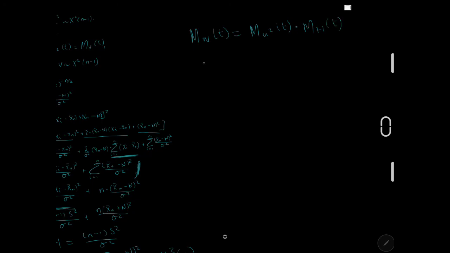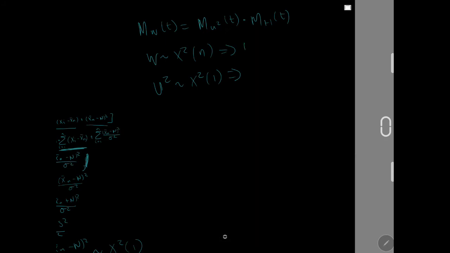And we also know that w is chi squared of n and u squared is chi squared of 1, which means that the moment generating function of w should be equal to (1 minus 2t) to the power of minus n over 2, and the moment generating function of u squared should be equal to (1 minus 2t) to the power of minus a half.